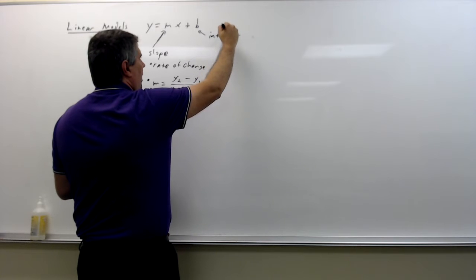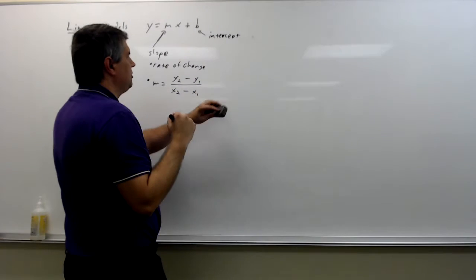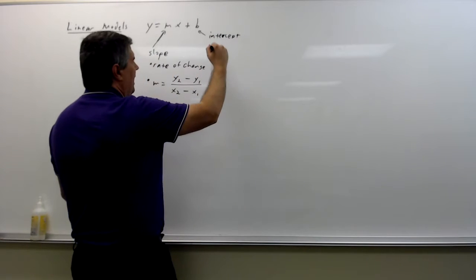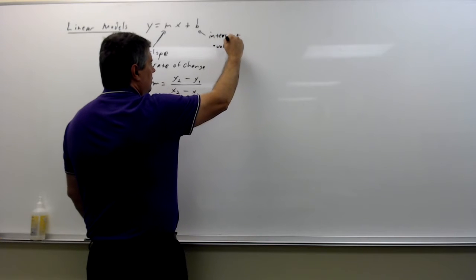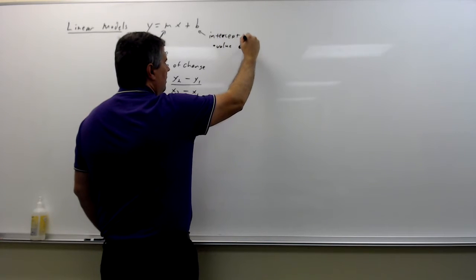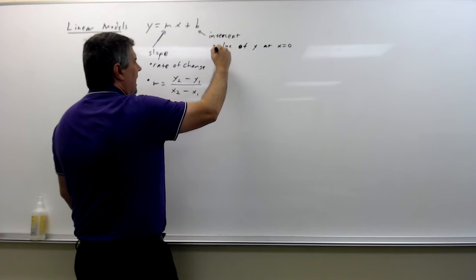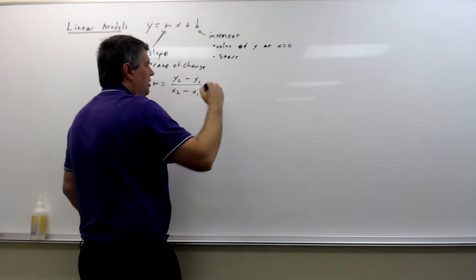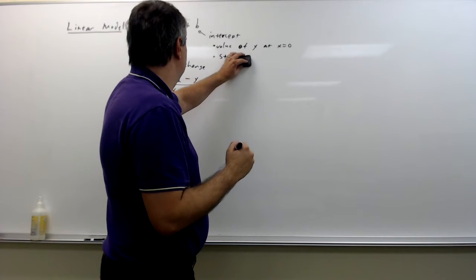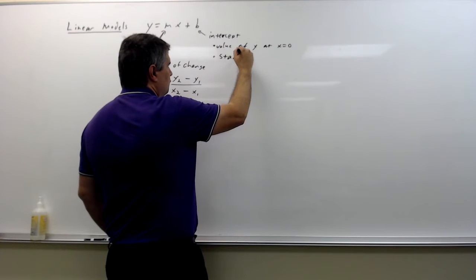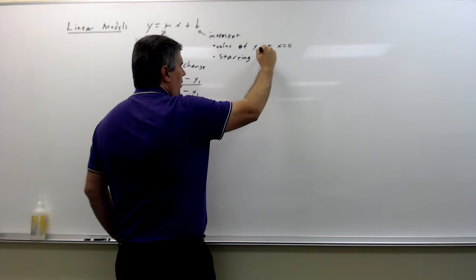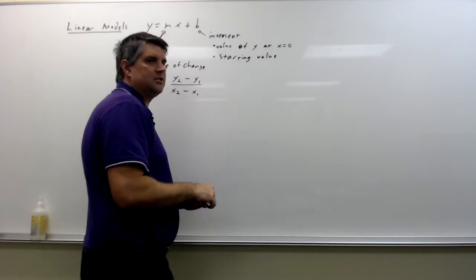For an applied problem, that's usually what is referred to by the intercept. It is the value of y at x equals 0, and it's also considered the start value. In an applied problem, it's typically thought of as a starting value.